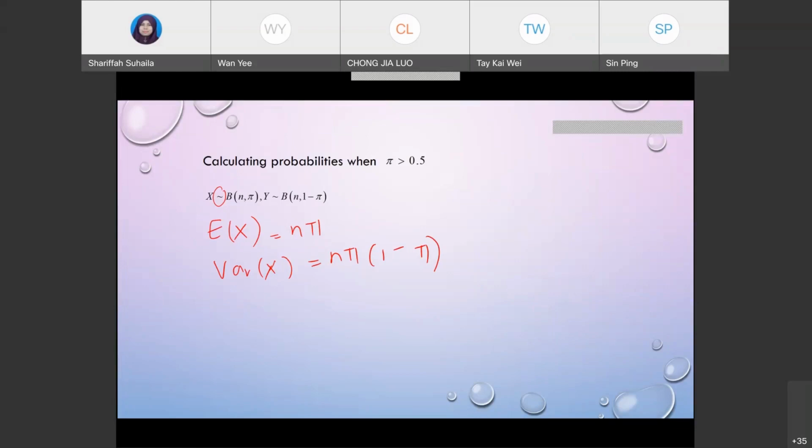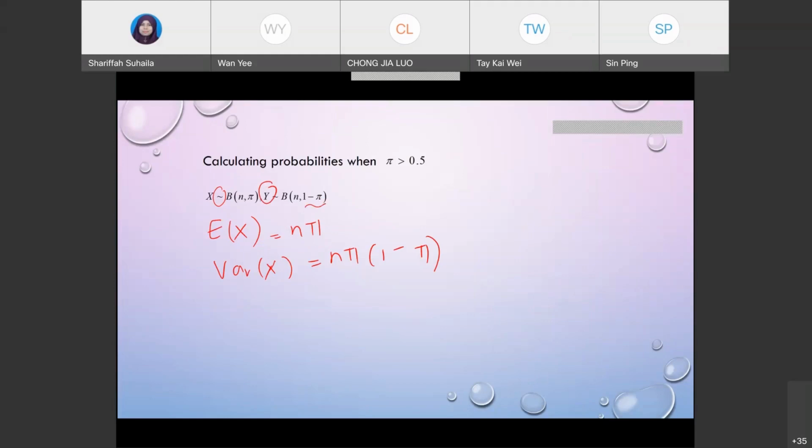If you refer to your module, you have X is binomial with n and pi. So we define another random variable, which is Y. For Y, you still have the same n, but you have a different probability: pi is your success, now 1 minus pi is your failure, the probability of failure.